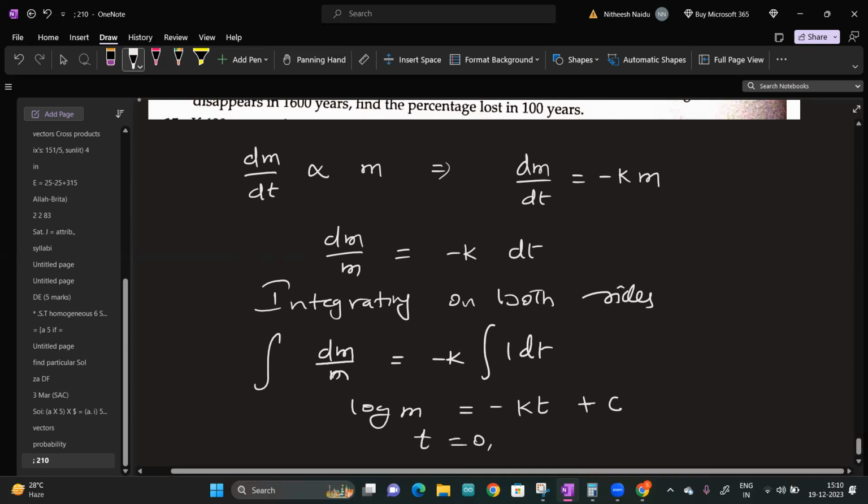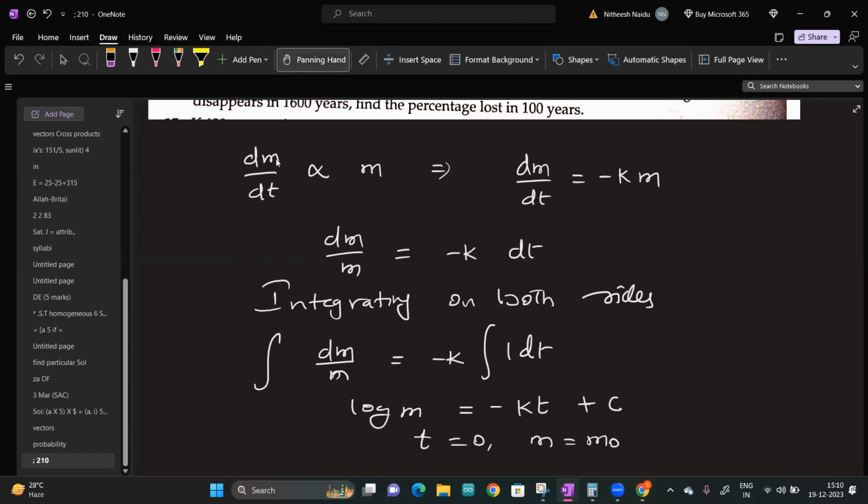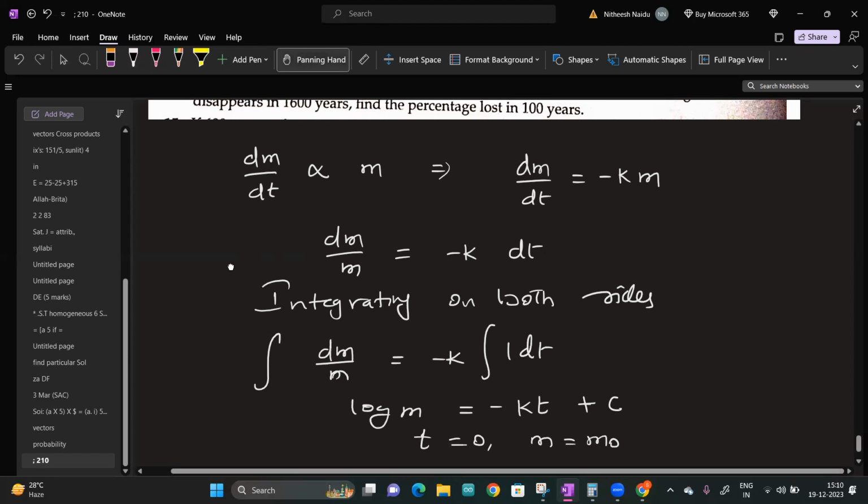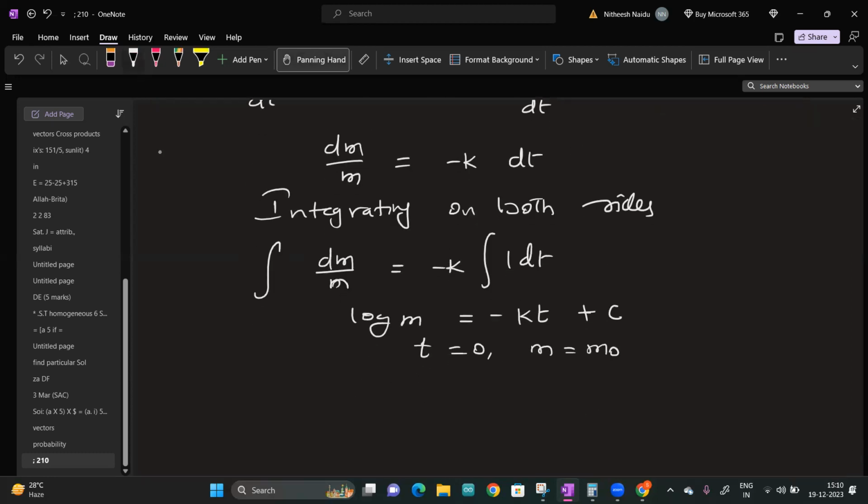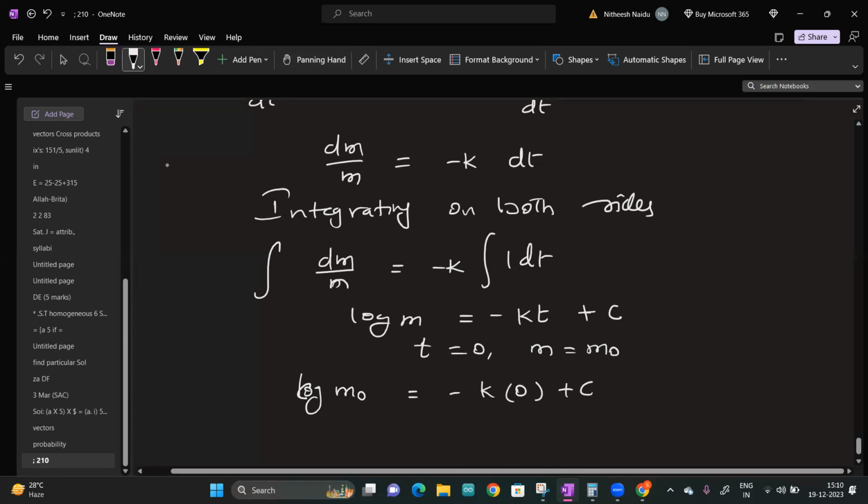Now we will substitute t value 0 and m value m naught, the initial substance. Now this will be log m naught is equal to minus k into 0 plus c.